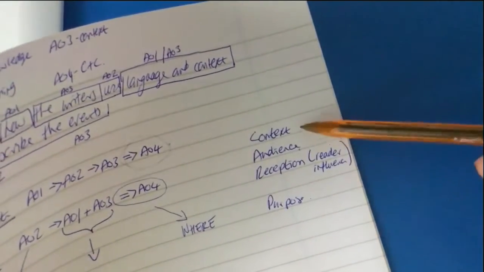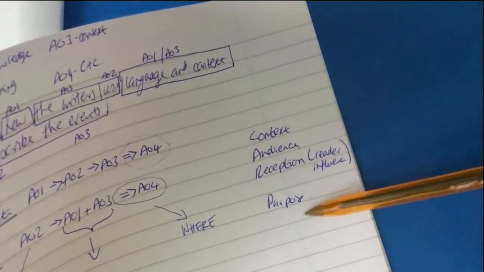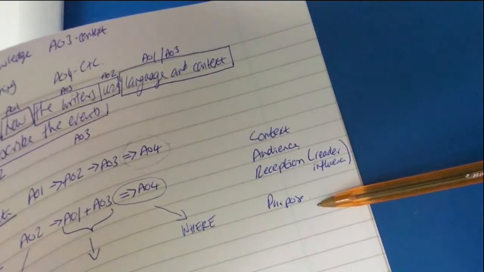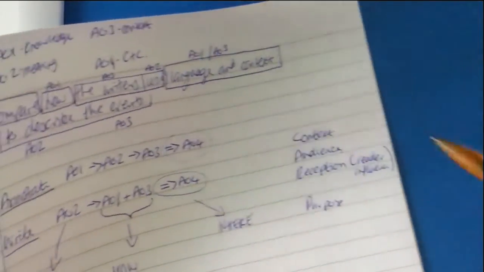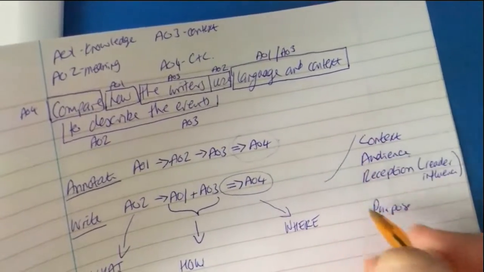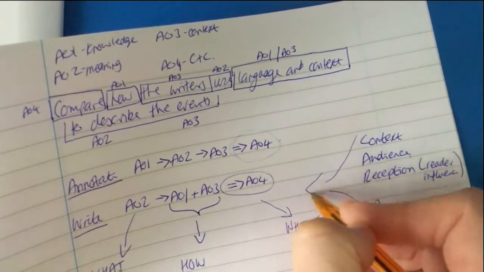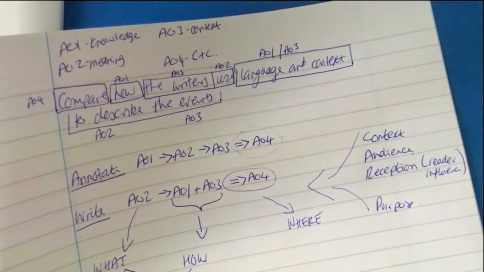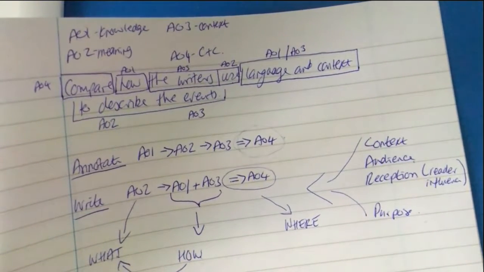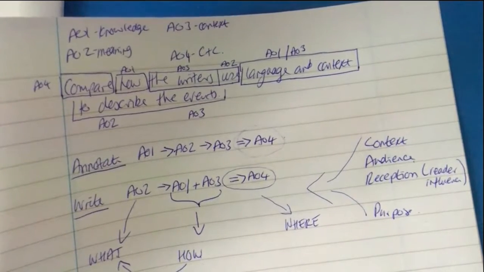What I don't want to see is a CARP or a GAP or a PFAC paragraph. All of this needs to come into there somehow, okay? The exam board do not like, and they frequently comment on it, opening paragraphs where you give a potted history of the writer or the story.